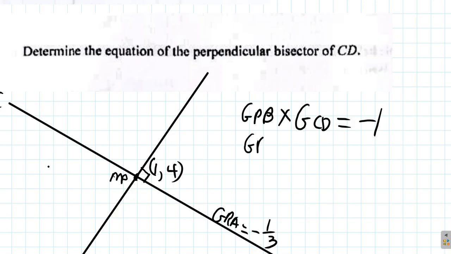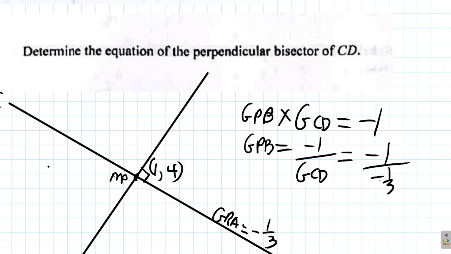So the gradient of the perpendicular bisector would be -1 over the gradient of CD. It's -1 over -1/3. And that would be what? +3. So the gradient of the perpendicular bisector is equal to 3. Alright?